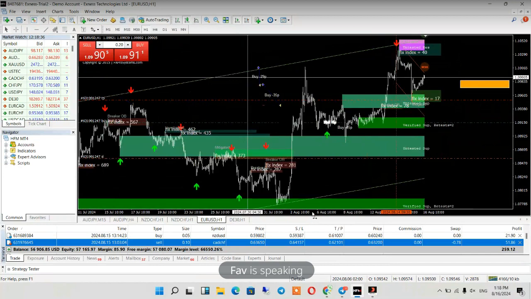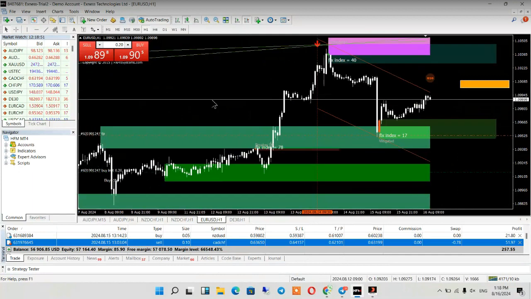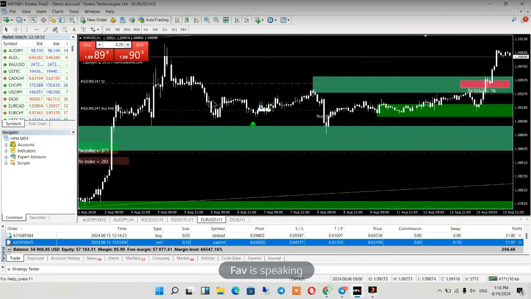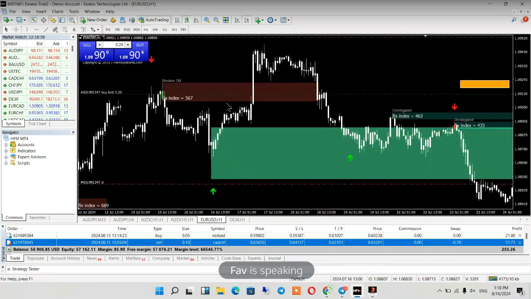So this place was previously a support zone. It was broken down and turned into a resistance zone, because you can see it was broken down here. Let me zoom in so that you can see. So this is it. It was initially support here, as you can see. Price came in here, tried to push back up.